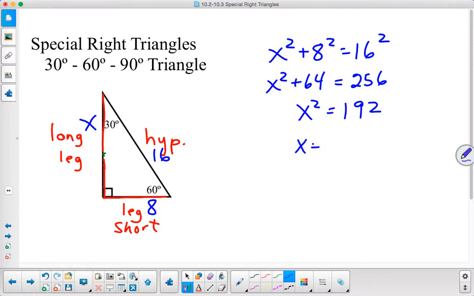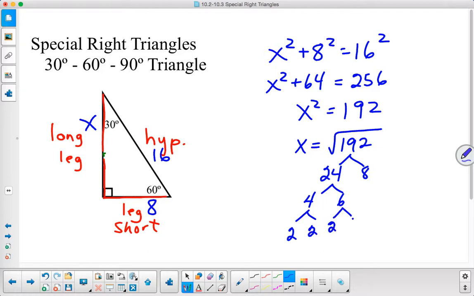So that missing leg is the square root of 192. Kind of a big number, but let's see. I think I can divide it by, let's go bigger than 2. I'm going to try 8. 24 and 8. That'll just get me to the factoring a little bit faster.